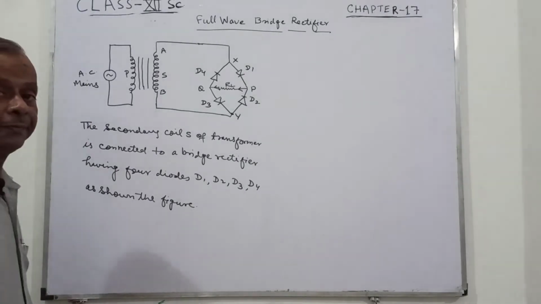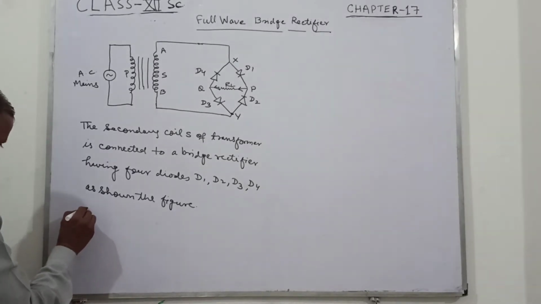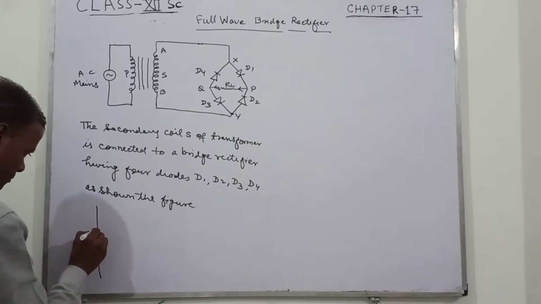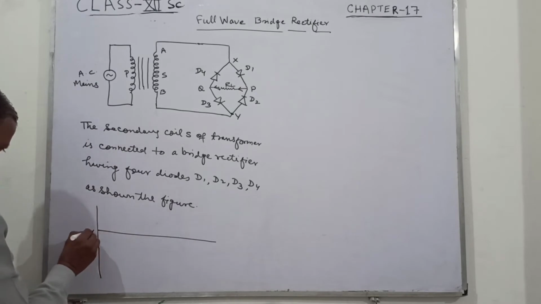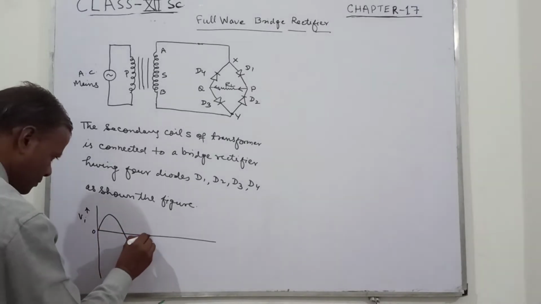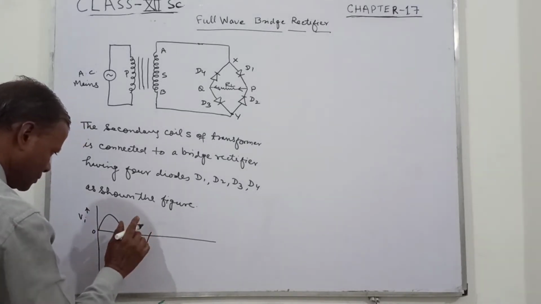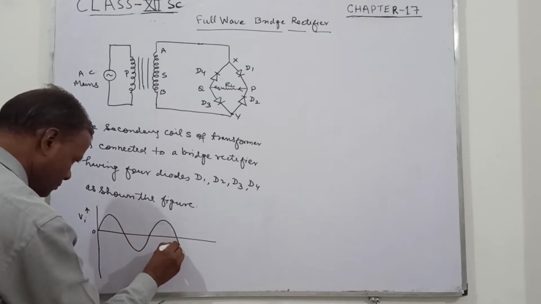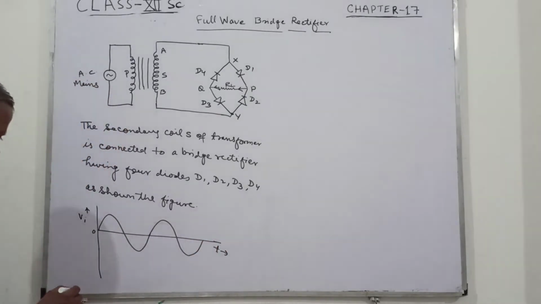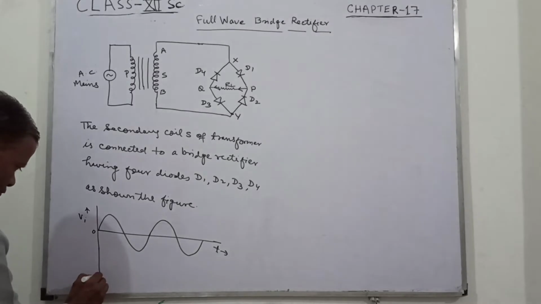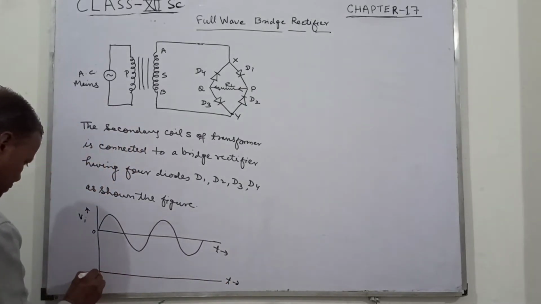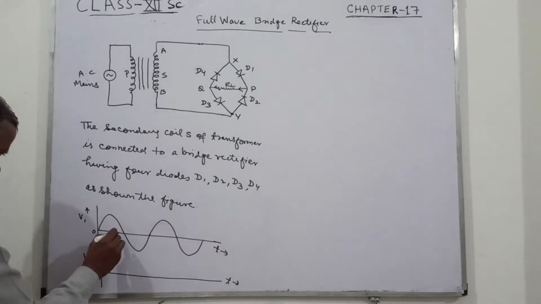So the action will be just like this: the input is like this. This is 0, this is the input, and this is time t, and we are having the output, this is V naught.